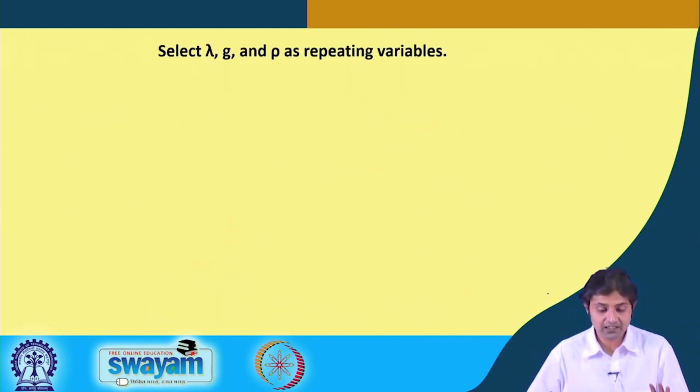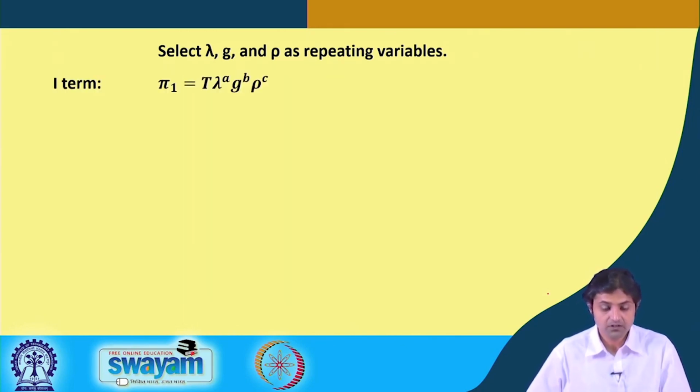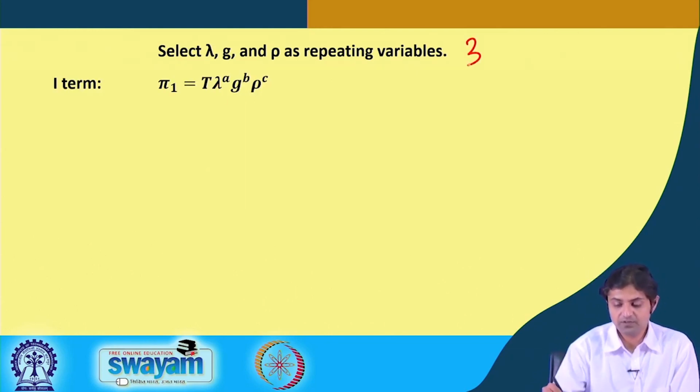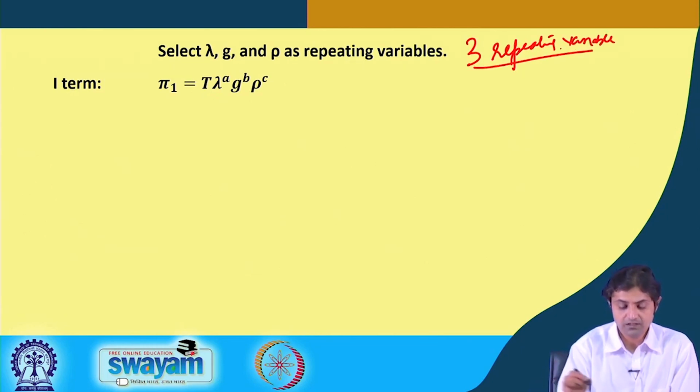Now, we have to select a repeating variable. So, we have selected lambda, g and rho as repeating variables. Because there are 3 repeating variables, pi 1 will be multiplied by, say, the first non-repeating variable, so t multiplied by lambda to the power a, g to the power b, rho to the power c.